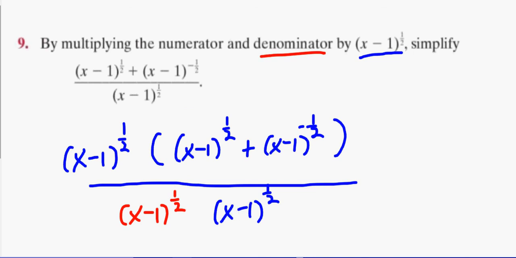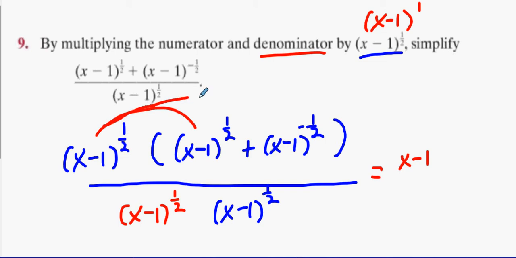Now, can anybody tell me what's x minus 1 to the power of a half multiplied by x minus 1 to the power of a half? It's x minus 1 to the power of 1, which is just x minus 1. What's x minus 1 to the power of a half multiplied by x minus 1 to the power of minus a half?